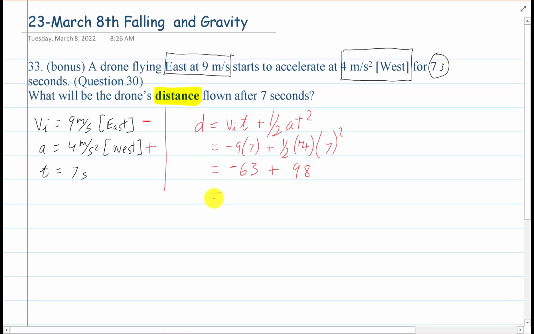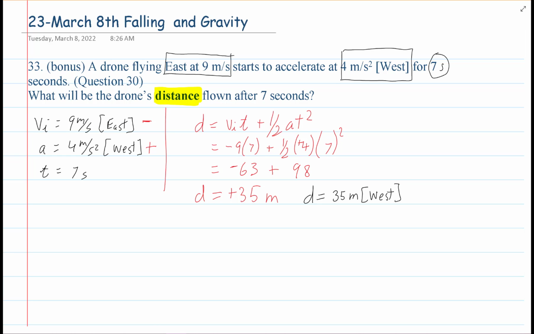And this becomes 35, and it's positive. So the answer is not this, but the displacement is positive, meaning west. So 35 meters west. And that's how to do it for displacement.